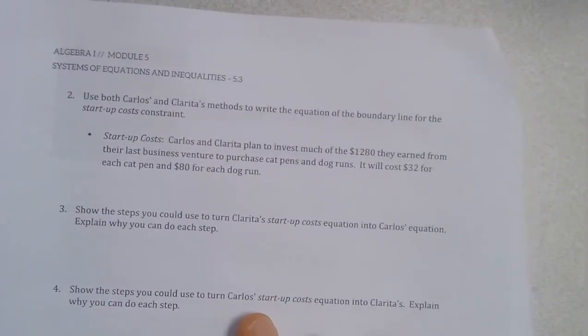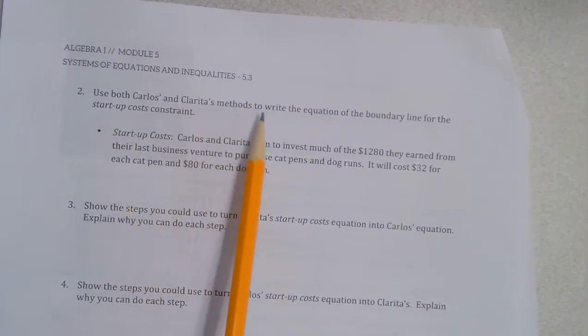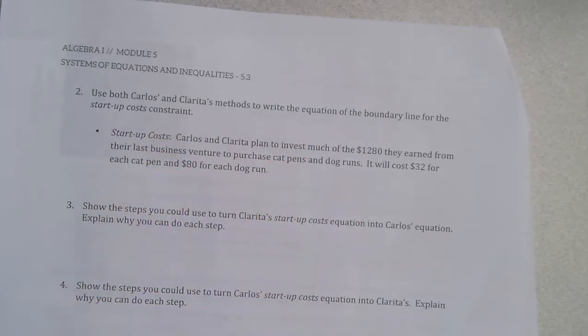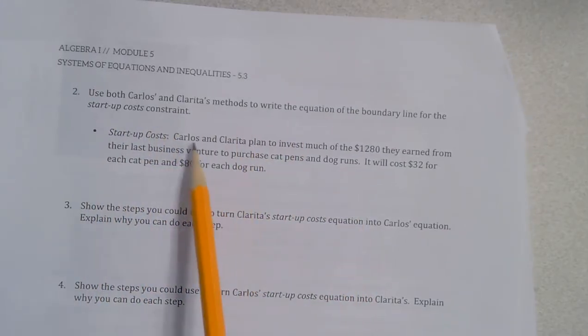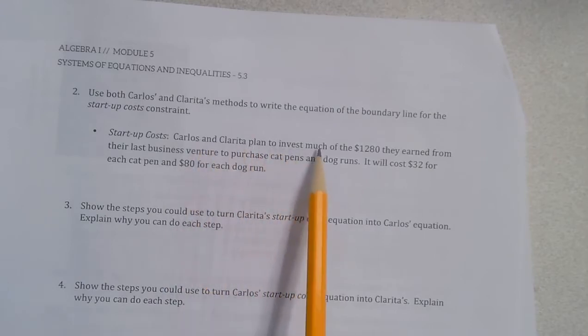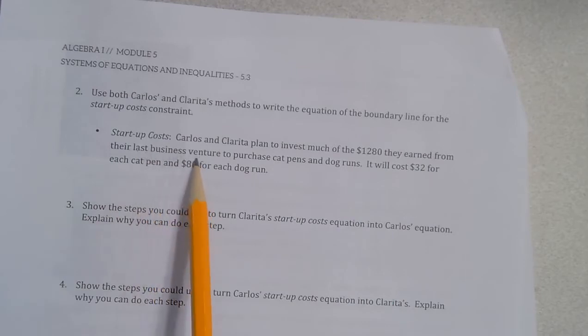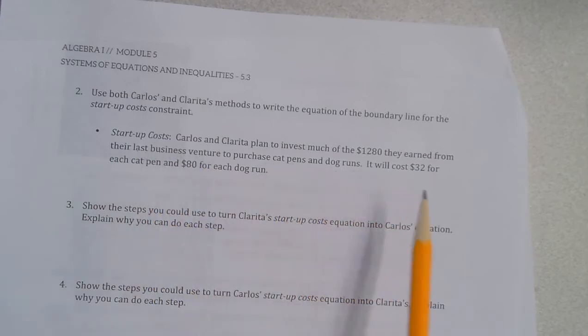So moving on, we're asked to use both Carlos and Clarita's methods to write an equation for the boundary line. Carlos and Clarita plan to invest $1,280 that they earned from their last business venture to purchase cat pens and dog runs.